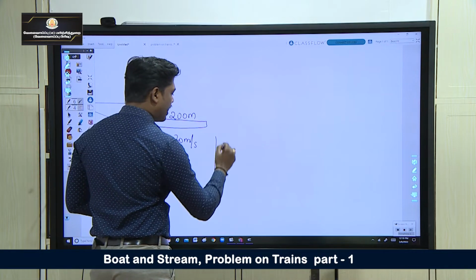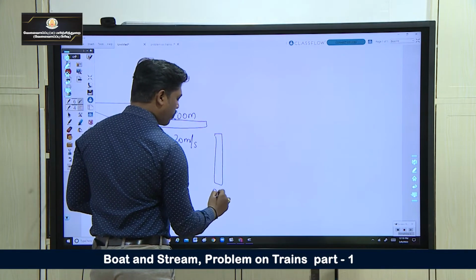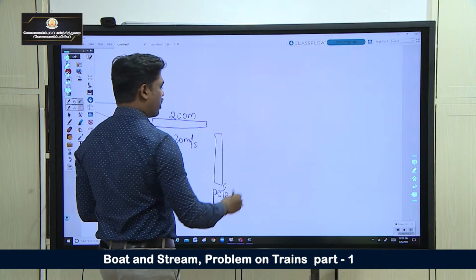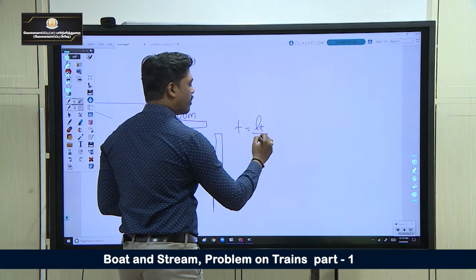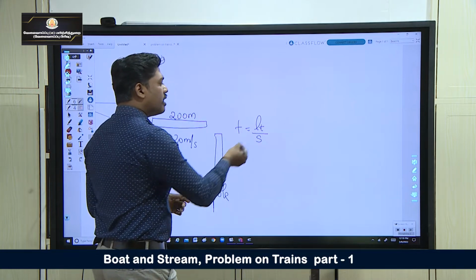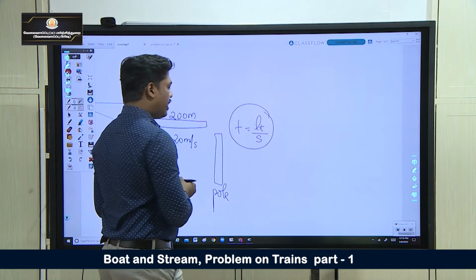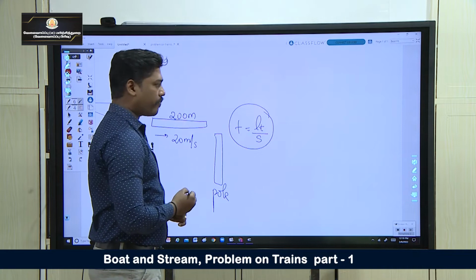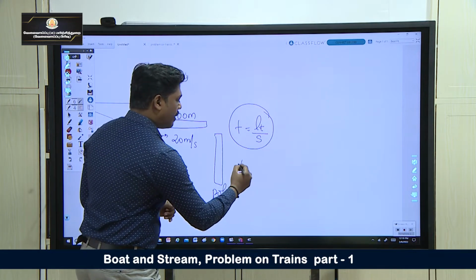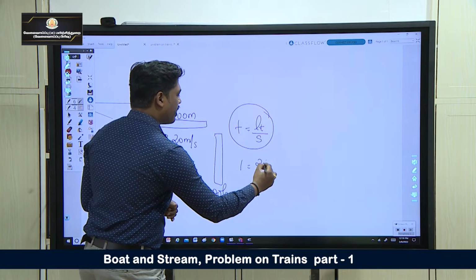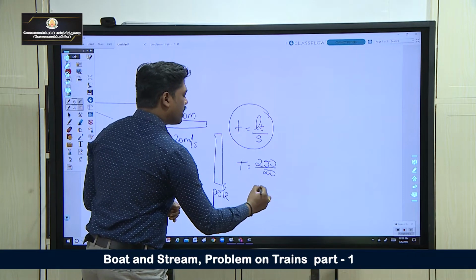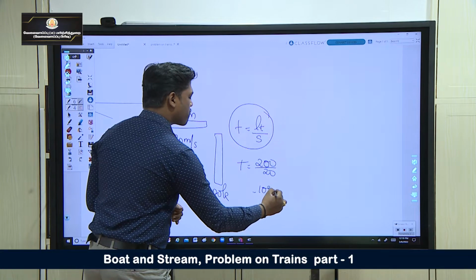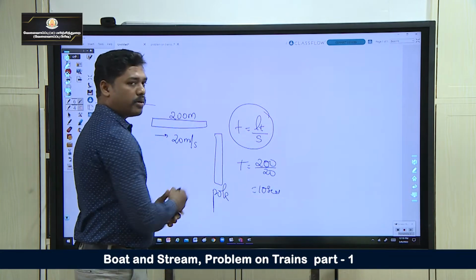In how many seconds will it take to cross a pole? So the time taken is length of train divided by speed. The time taken is 200 divided by 20. So in 10 seconds the train will cross the pole.